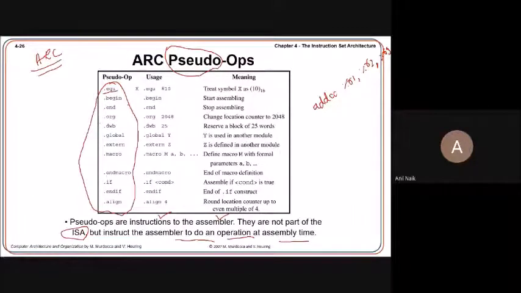What is the usage of .equ? x .equ 10 means treat the symbol x as equivalent to 10. In Python we directly write x = 10, assigning 10 to x. Similar to that, x .equ 10 indicates the value of x is equivalent to 10.